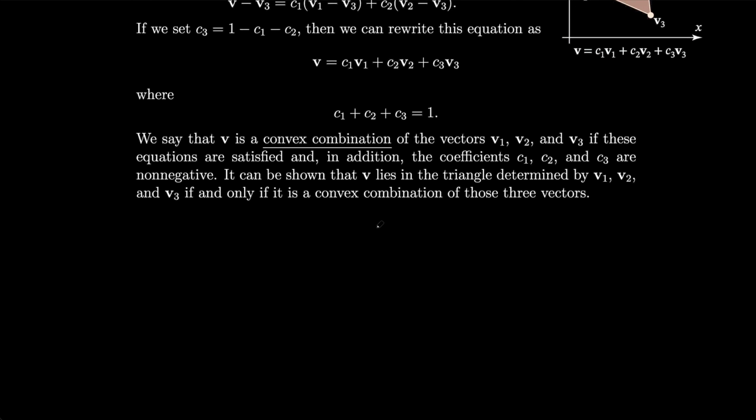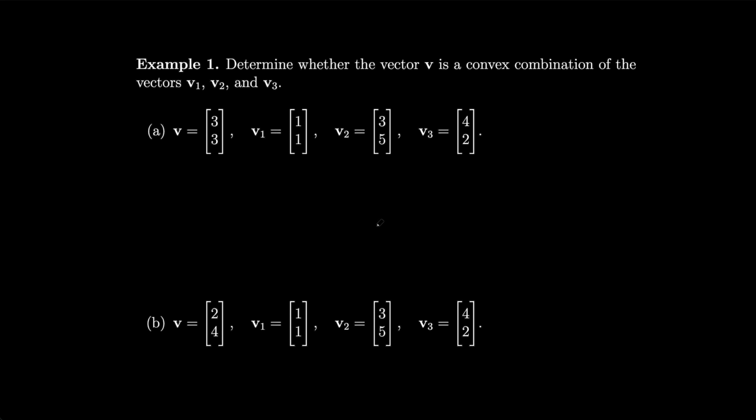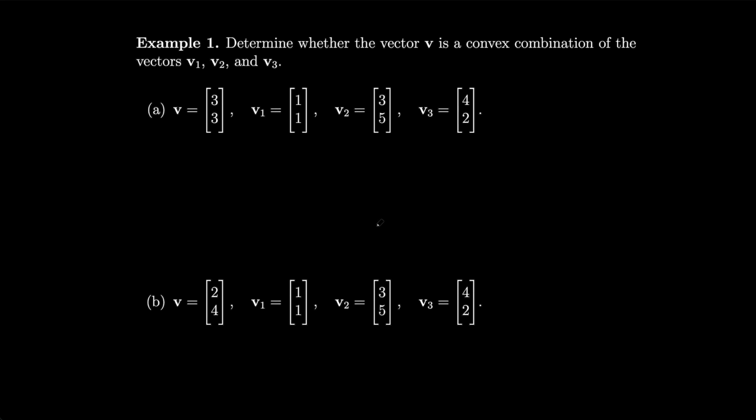Let's do an example. How about we determine whether the vector v is a convex combination of the vectors v1, v2, and v3. So let's start with v equals (3, 3). Remember, to be a convex combination, we need v to be equal to some constant c1 times v1 plus c2 times v2 plus c3 times v3, where c1 plus c2 plus c3 equals 1.